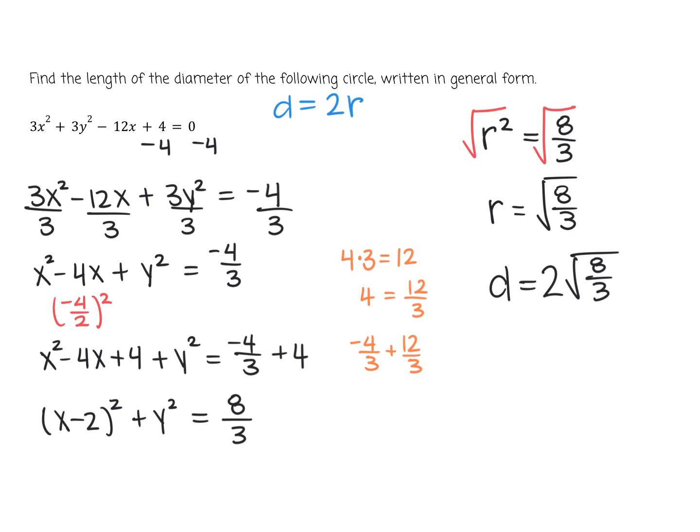If you want to think about it in terms of decimals, the square root of 8 over 3 is about 1.63. So if I double that, my diameter is about 3.27.